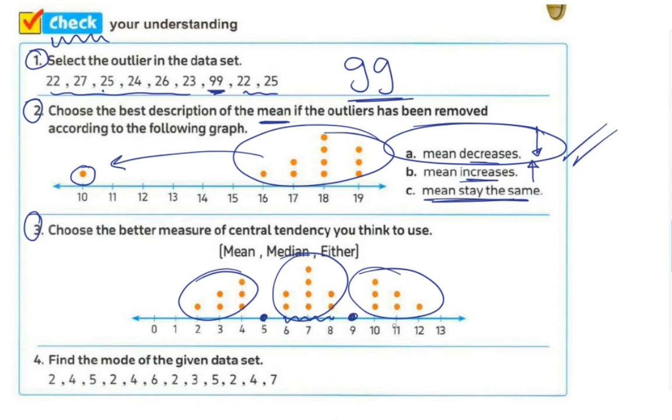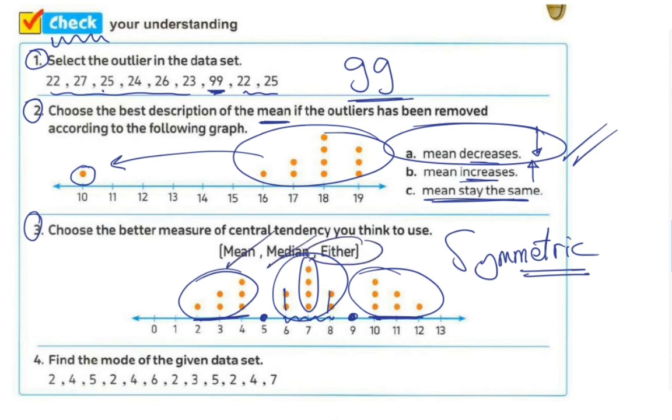And we have 3 groups here, with 3, 2, 1, 3, 2, 1, 2 and 2, and in the middle we have 4. This I call a symmetric figure. When you have a symmetric figure, what do you use? Either the mean is correct and the median is correct, so I will choose either, any one of them.